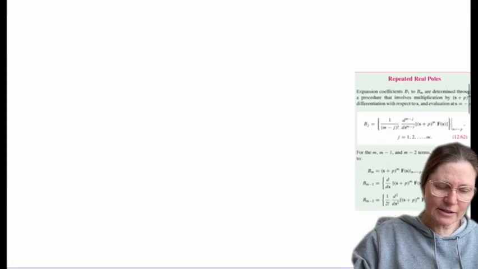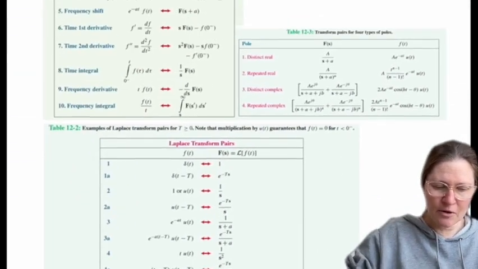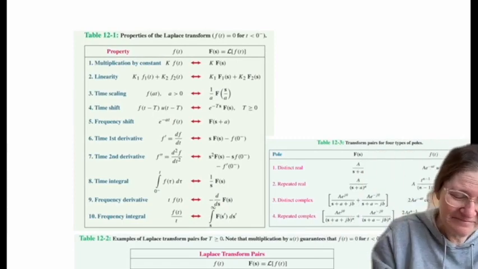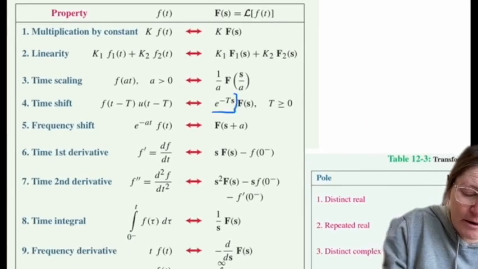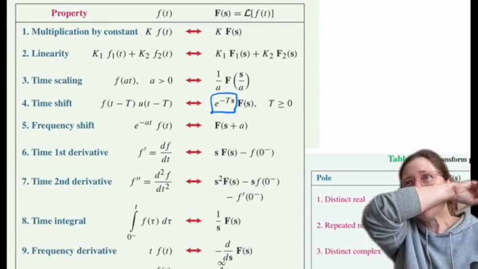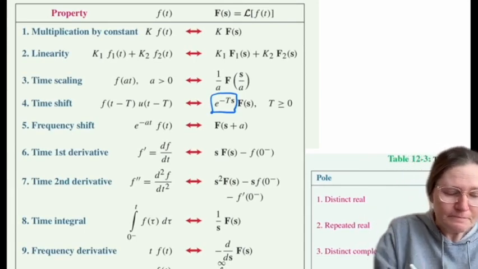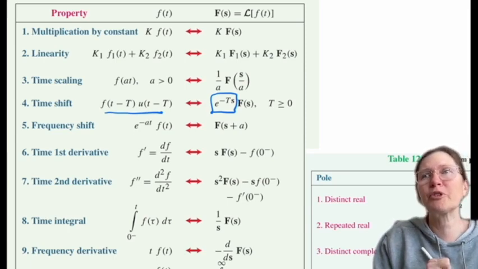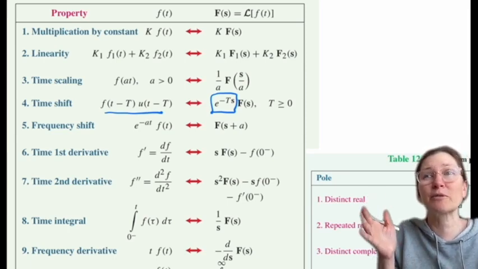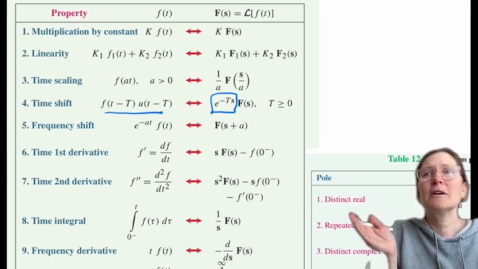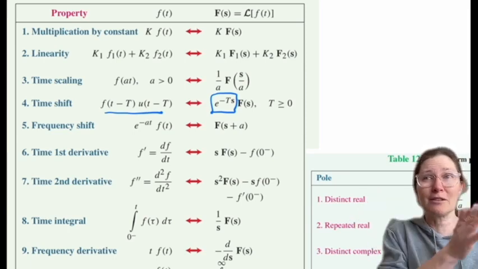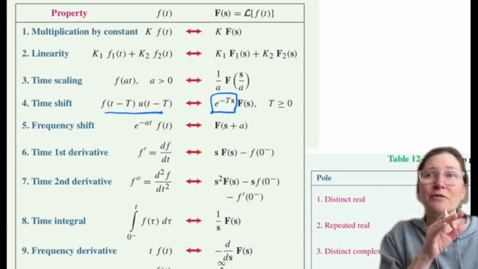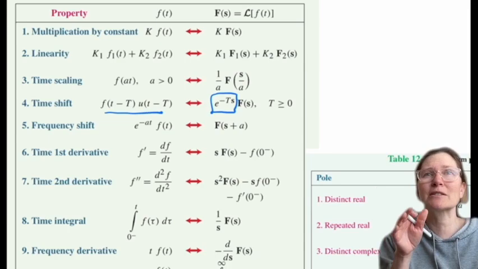E to the minus s in the s domain ends up just being a shift in the time domain. So once we find it in the s domain, we can take a minus of it and then just shift the function, u of t minus 1.